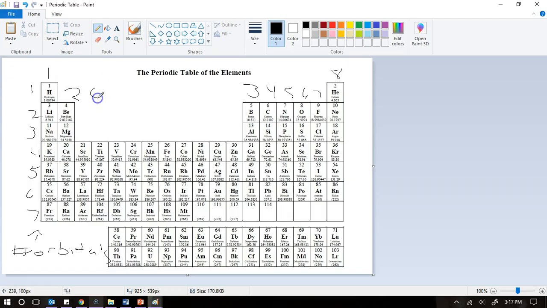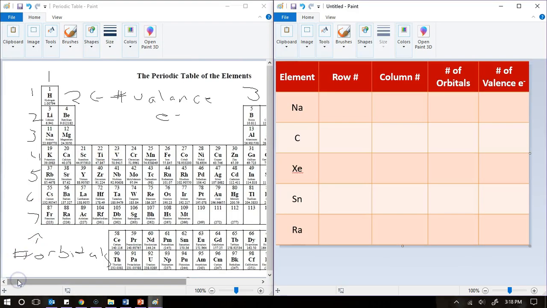Right? So these tell you your number of valence electrons. Okay? So that's going to be really helpful as we then look at some of the examples.